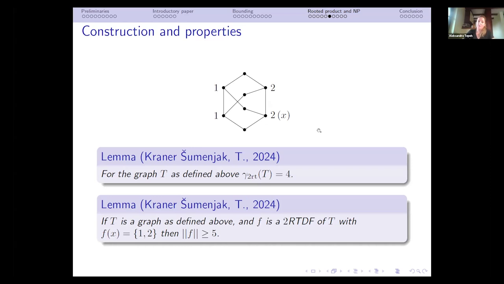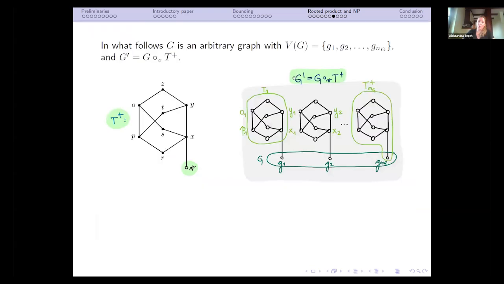The next step was the construction of the new graph, which we called G prime, which is obtained as the rooted product of an arbitrary graph G and this graph T plus a vertex V, where we attach V to X as a pendant vertex, and we take this as a root.